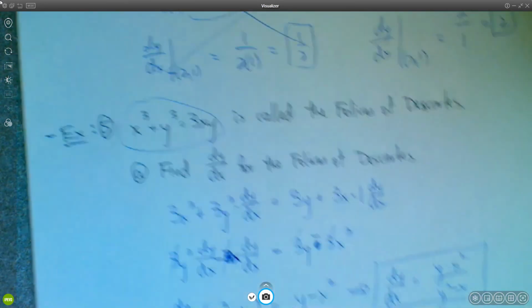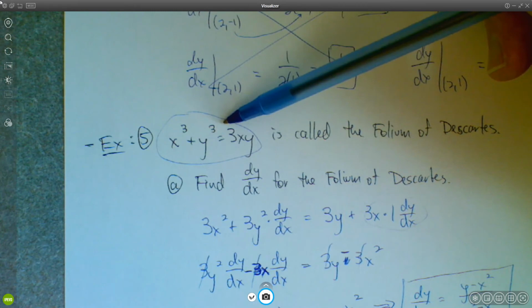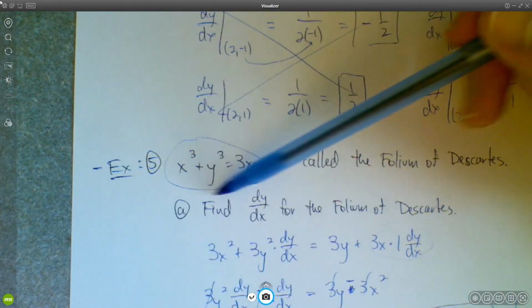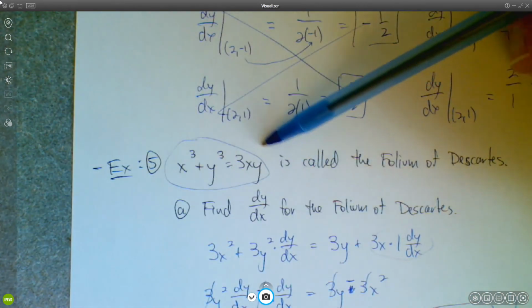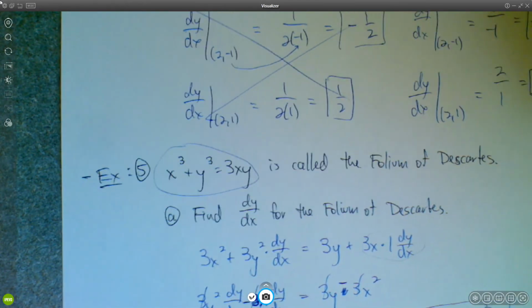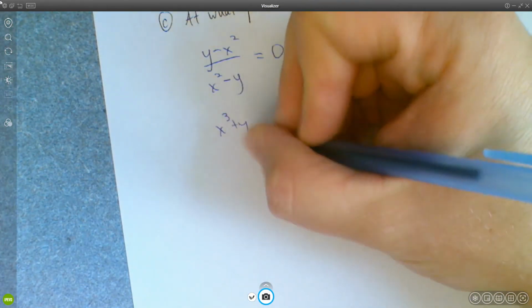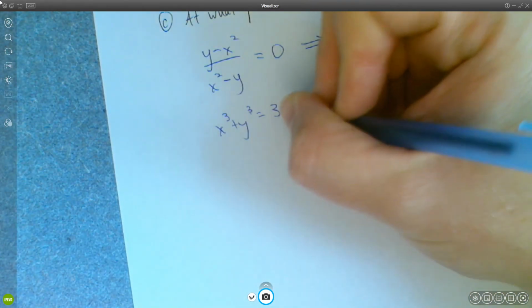That's kind of interesting. So y equals x squared is when you get zeros. I guess to solve that for x, we should plug that back into the original equation. x cubed plus y cubed equals 3xy.